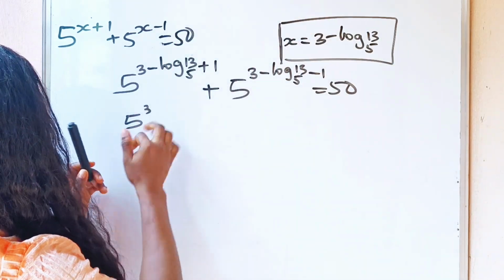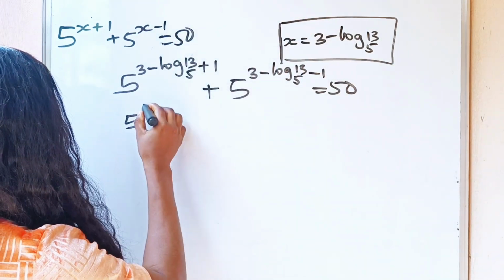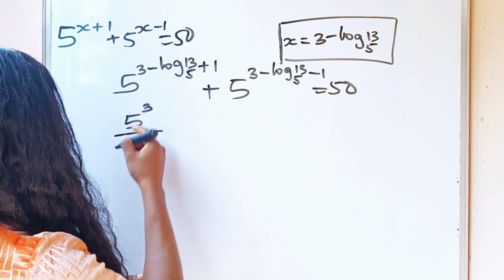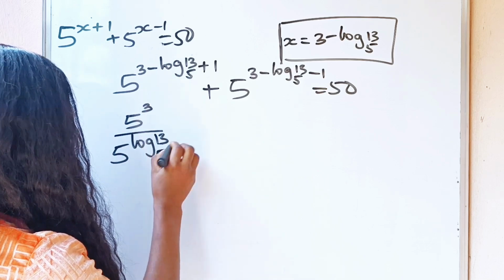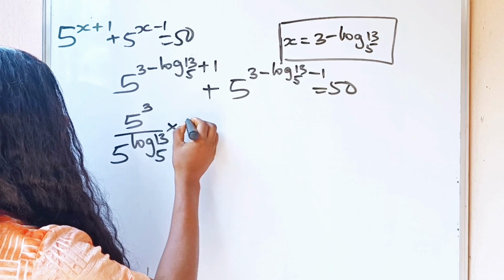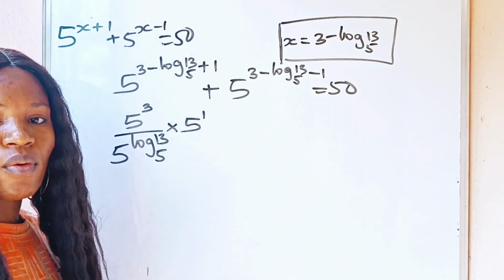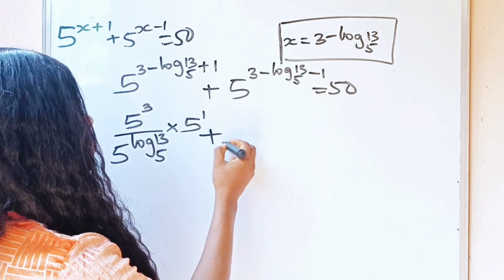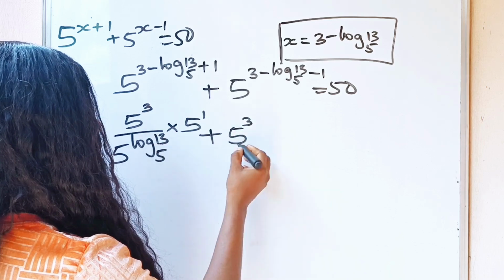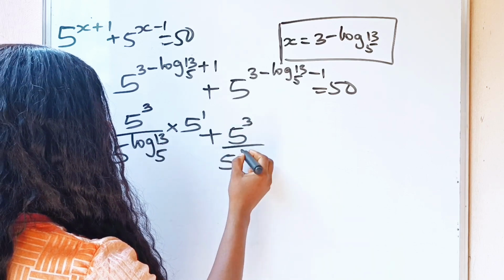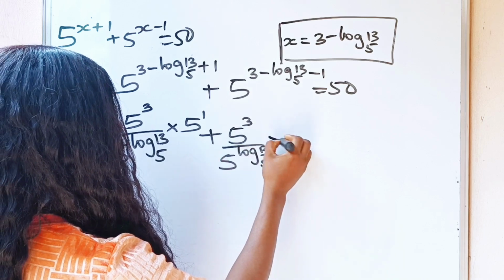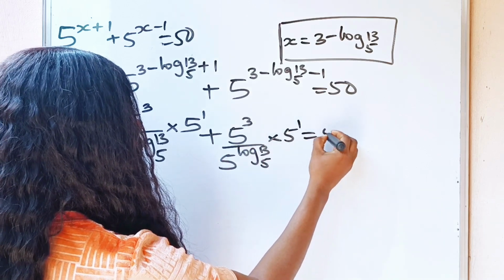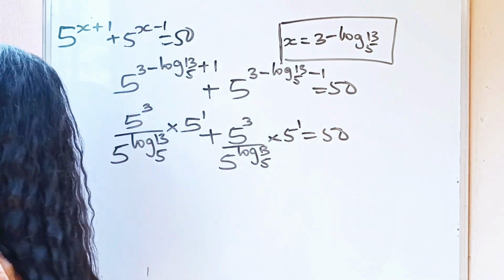So that means this is the same thing as 5 to the power of 3 divided by 5 to the power of log 13 base 5, multiplied by 5 to the power of 1, plus 5 to the power of 3 divided by 5 to the power of log 13 base 5 multiplied by 5 to the power of 1 is equal to 50.